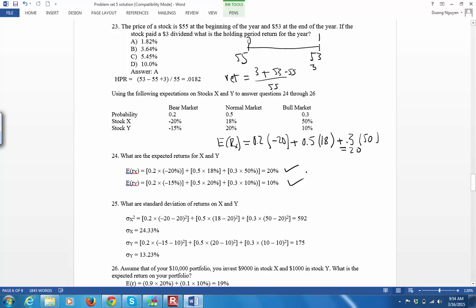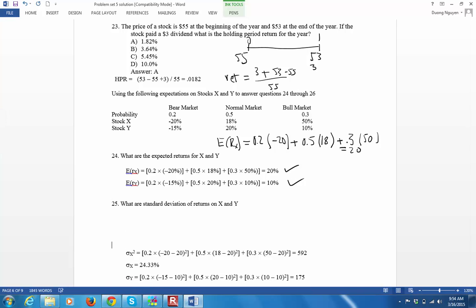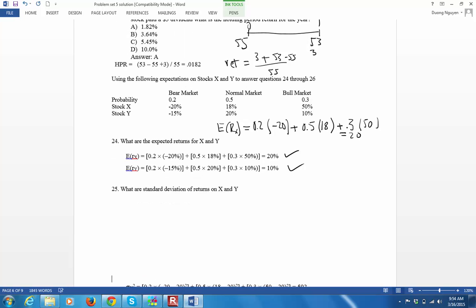Now let's go to how to calculate standard deviation. The formula to calculate standard deviation is the following, if you know the probabilities.